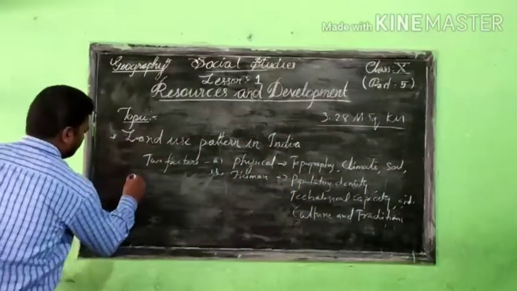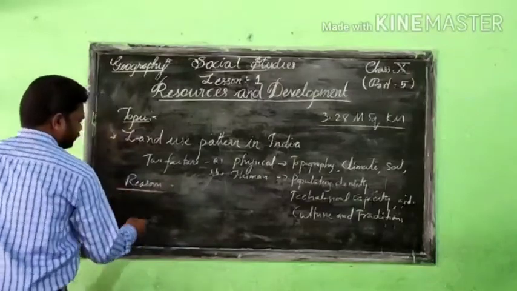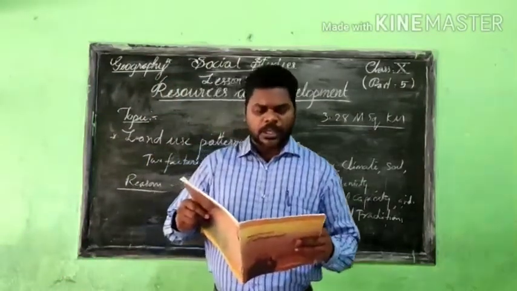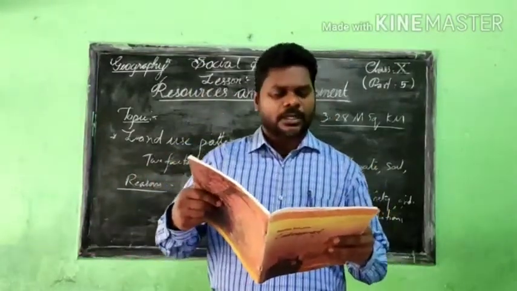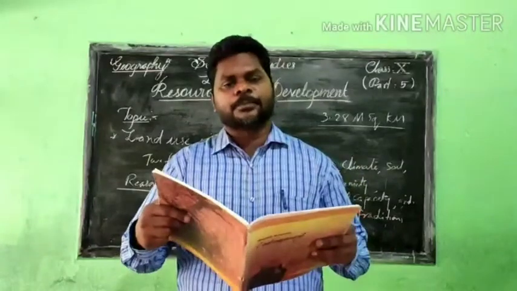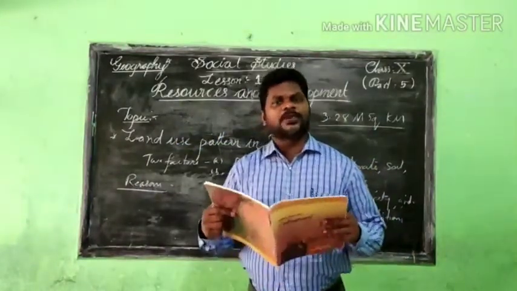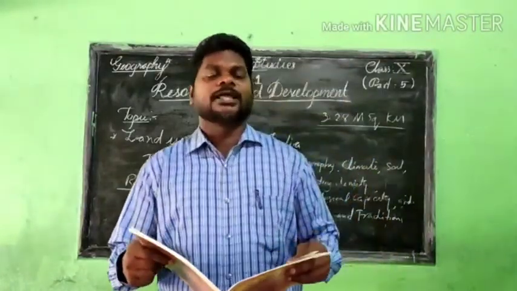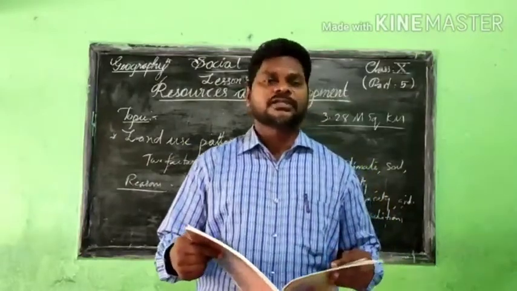Mainly the northeast states, except Assam, have not been done fully because of the topography, because of the relief features of northeast India. Arunachal Pradesh, Assam, Manipur, Mizoram, Nagaland, these are the northeast states.